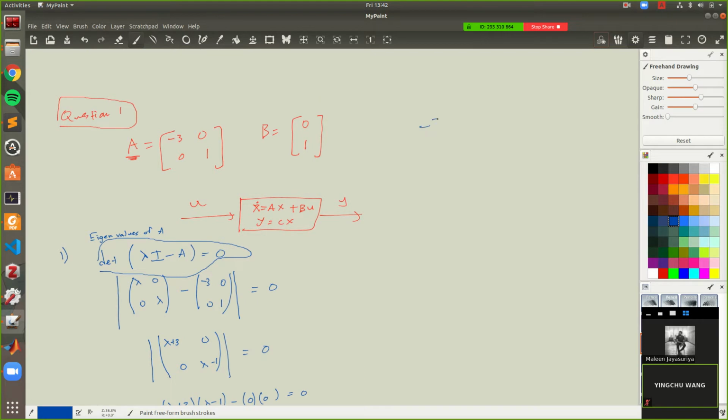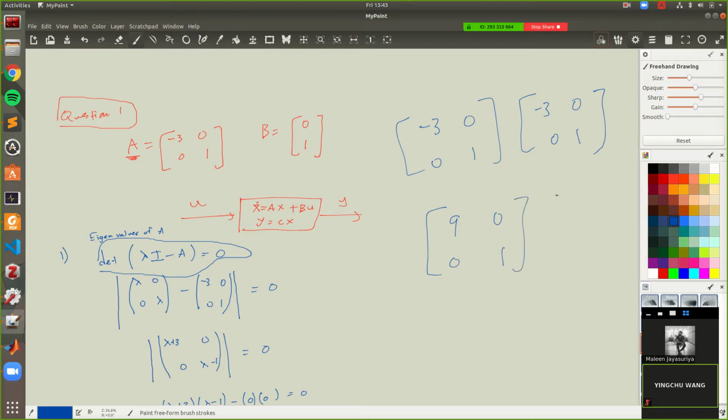A squared is minus 3, 0, 0, 1 times minus 3, 0, 0, 1. Minus 3 times minus 3 is 9, 9 plus 0 times 0 is 9, then 0, 0, 1.